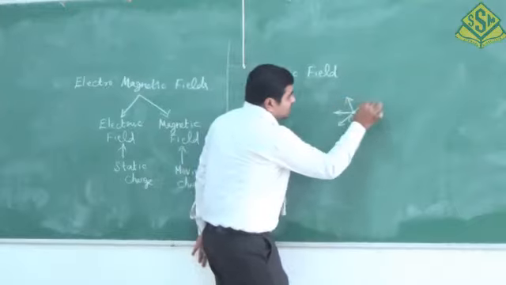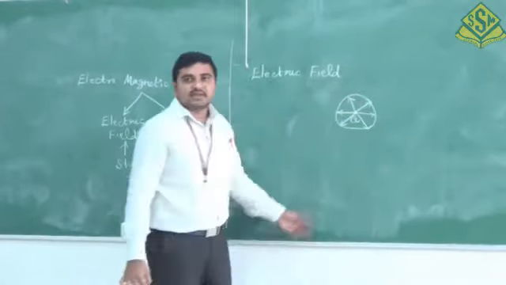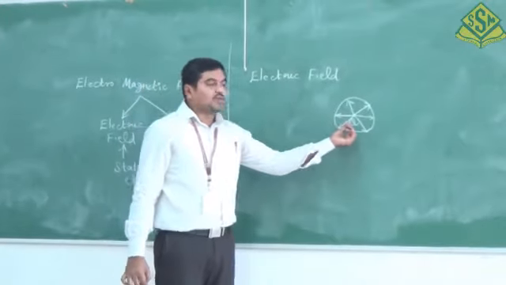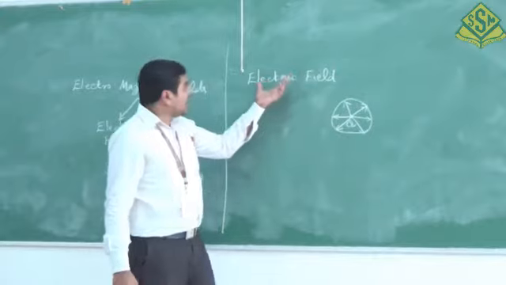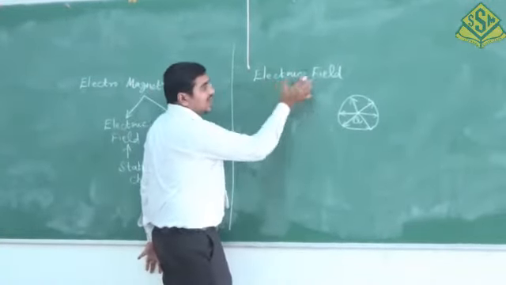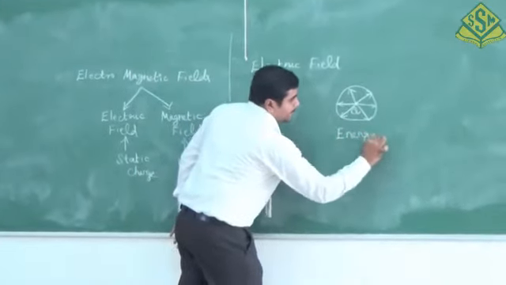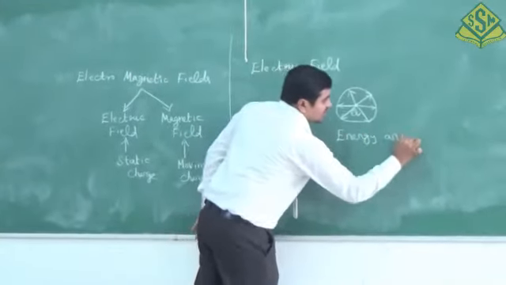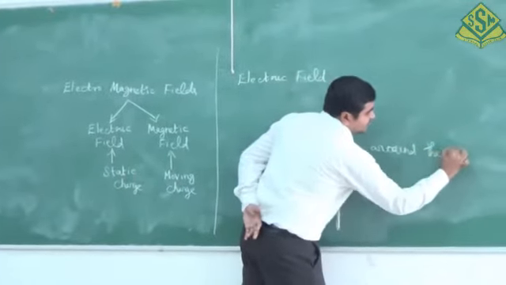This effective area, which consists of electric flux lines, is an energy area of this static charge. This energy area is called electric field. So now we are going to define this electric field as an energy area around the static charge.